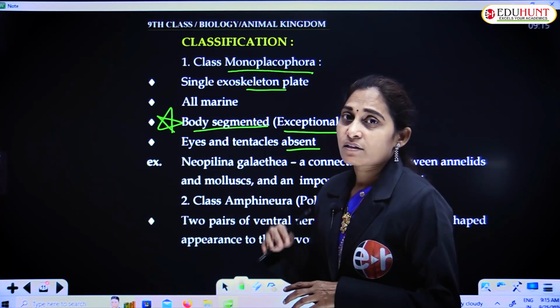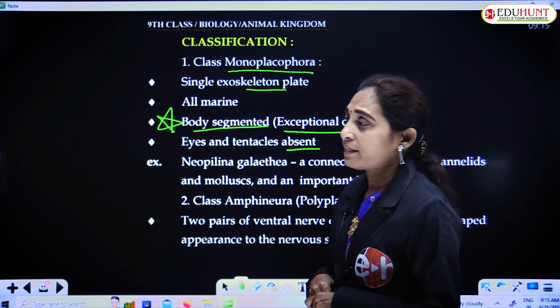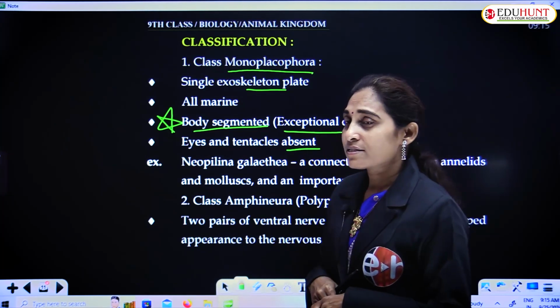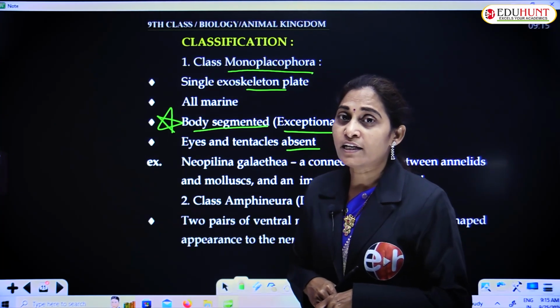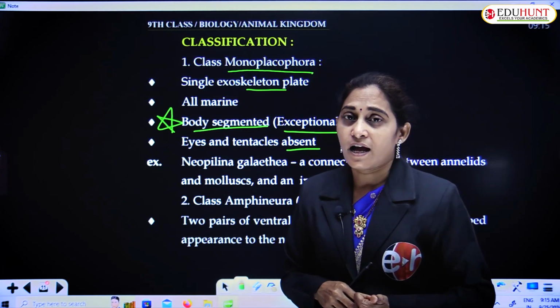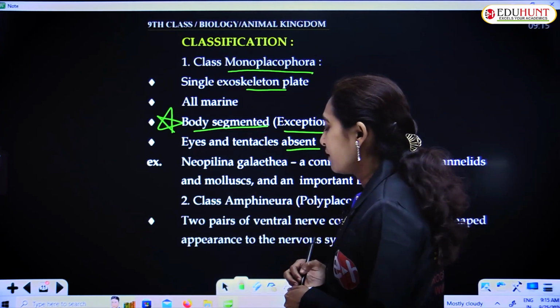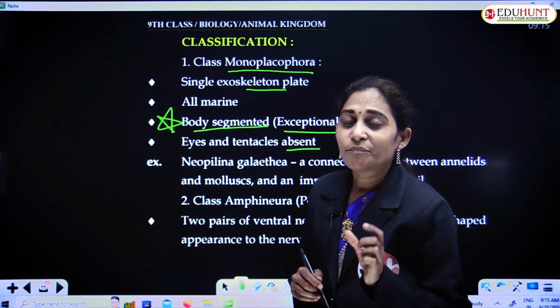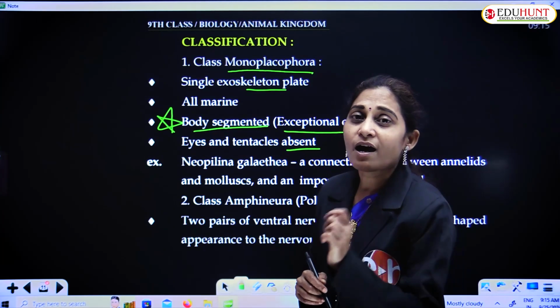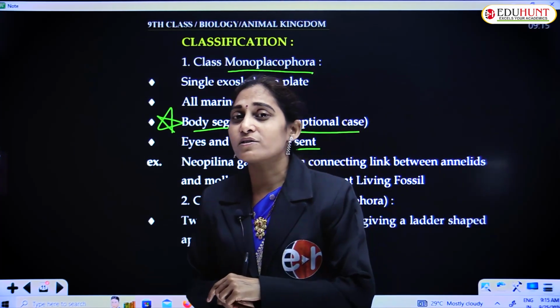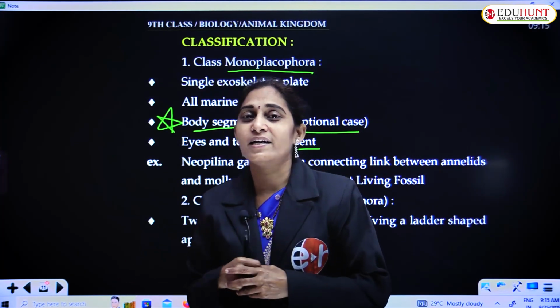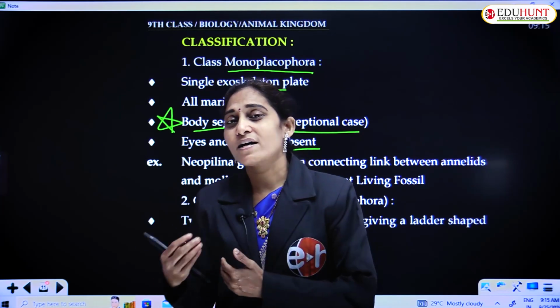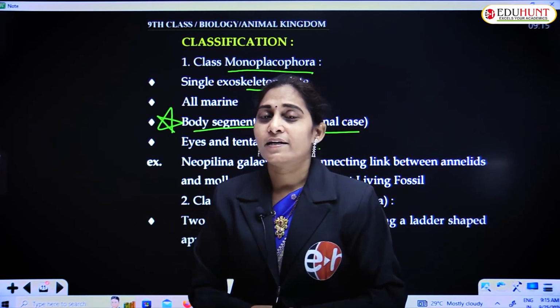Examples of this class: Neopilina galathea, it is considered as a connecting link between Annelida and Mollusca. I am saying Annelida and not the Arthropoda, because arthropods are next to the phylum Annelida. They are well advanced than Annelida.